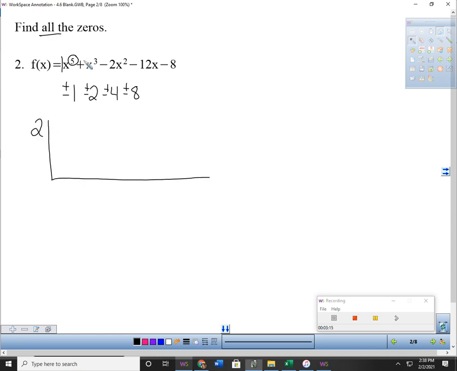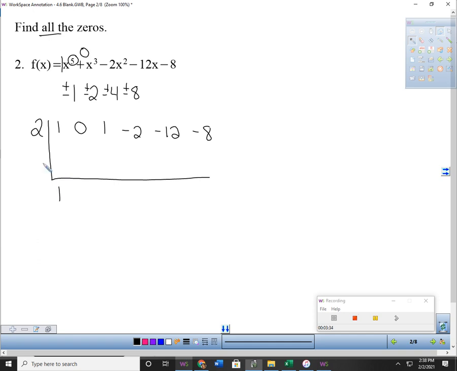Now remember, you want to make sure that you're not missing any terms. And if you look up here, you're missing x to the 4th. So I need to make sure I put a 0 in that spot. So I have 1, 0, 1, -2, -12, -8. And then I'm going to go through the whole process.